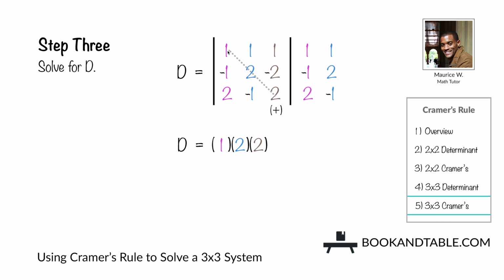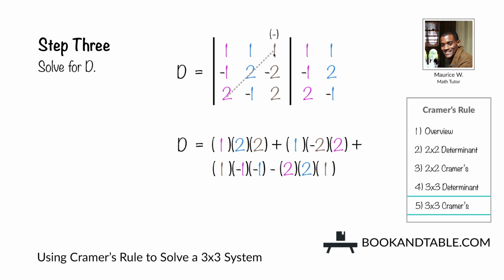So we have 1 times 2 times 2, and we add that to 1 times -2 times 2, and we add that to 1 times -1 times -1. Now we want to start with row 3, column 1, and multiply the numbers going up to the right and subtract these products.